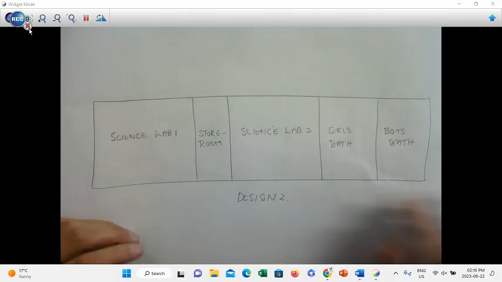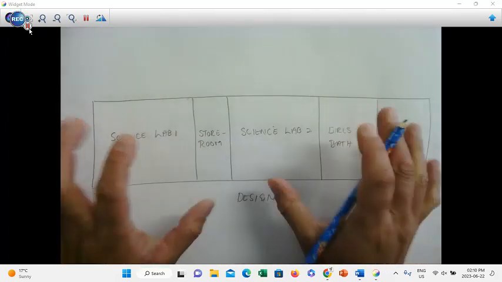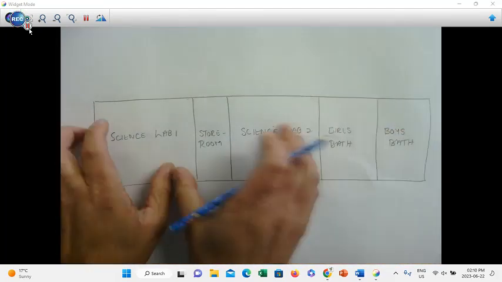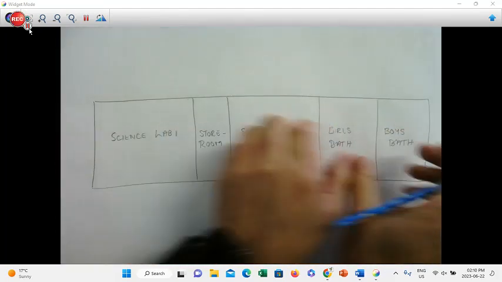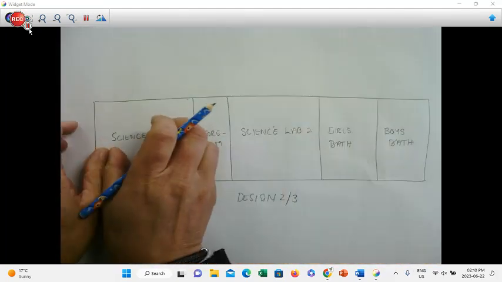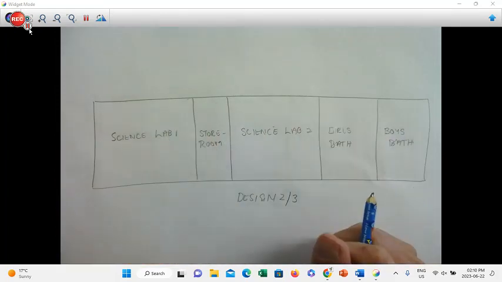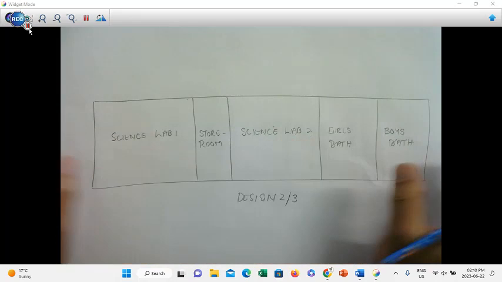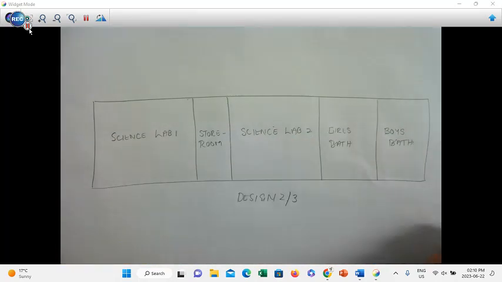So your third design can also derive from this particular shuffling of things. So you can either move the storage way to this side and put the girls' and boys' bathroom on this side both, and that would be another design, or you can swap the two girls' and boys' bathroom on either side. That will give you another design.